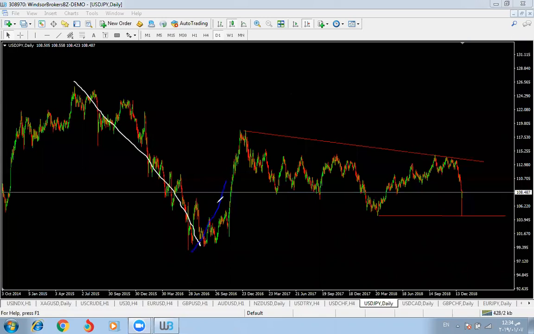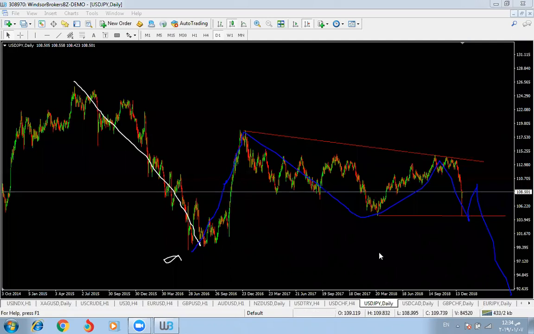This whole movement is wave A. Then A, B, C, D, and E. So the price will move to the downside after exiting this triangle.